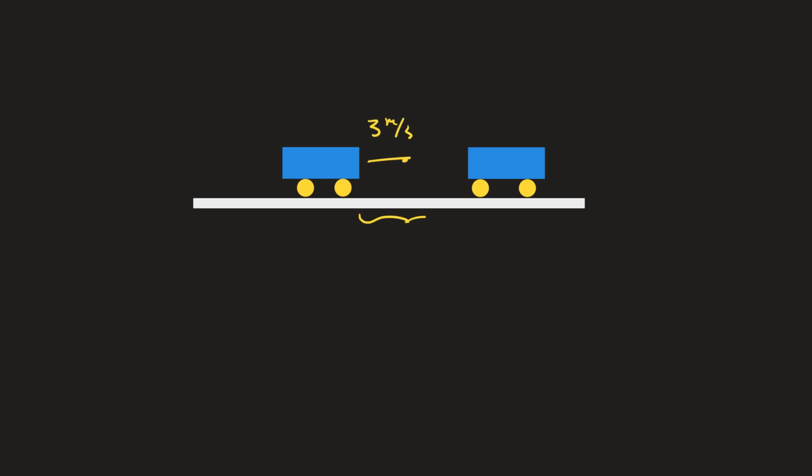And over the span of 2 meters, it's now traveling 4 meters per second. If the cart has a mass of 1.5 kilograms, how much work was done on the cart? In fact, I have 3 questions. How much work was done? What was the net force on the cart? And how long did it take?